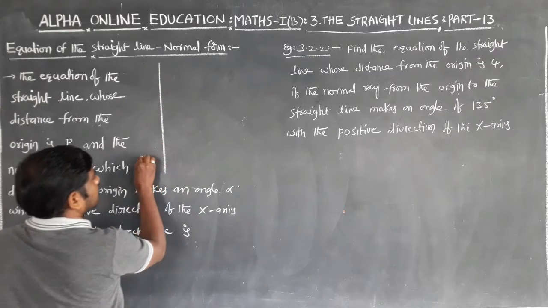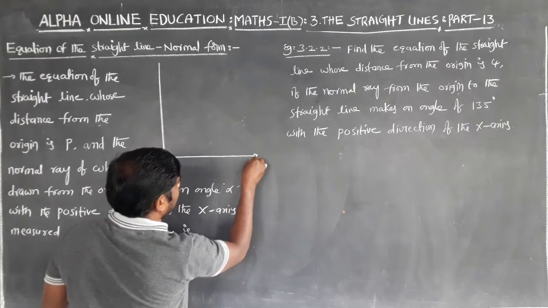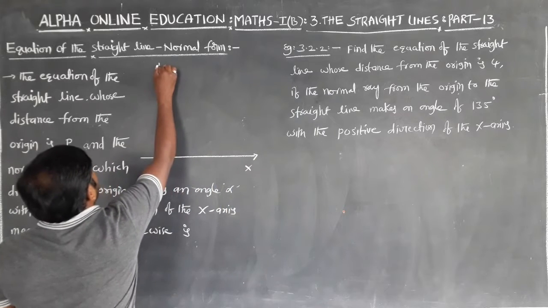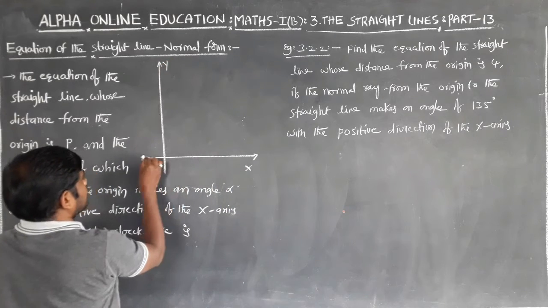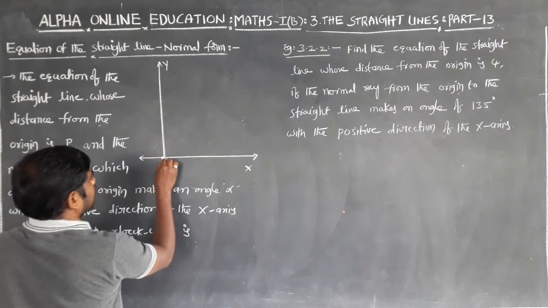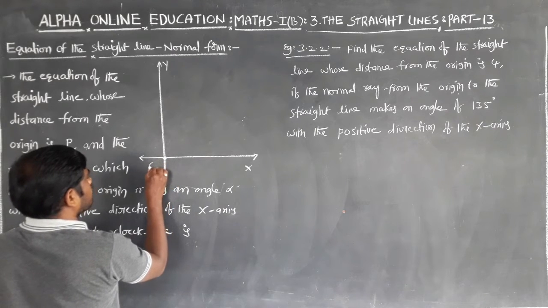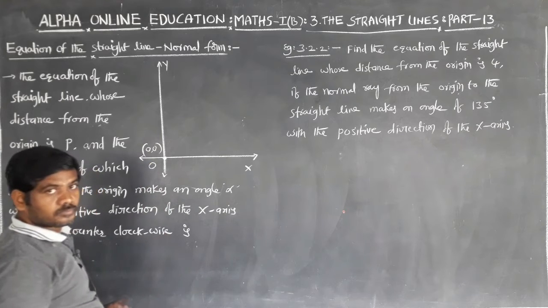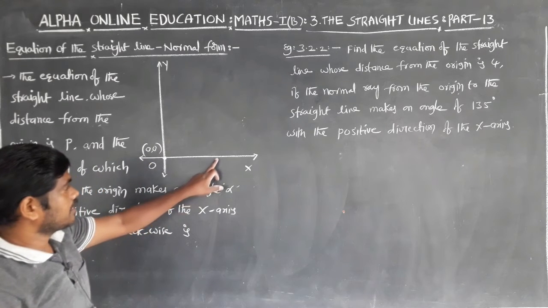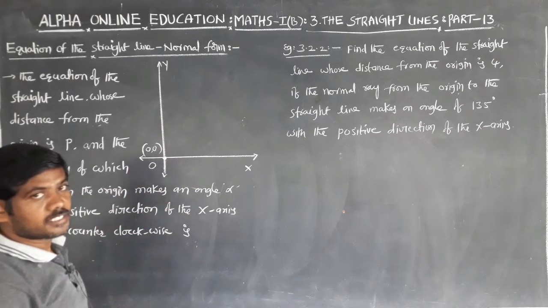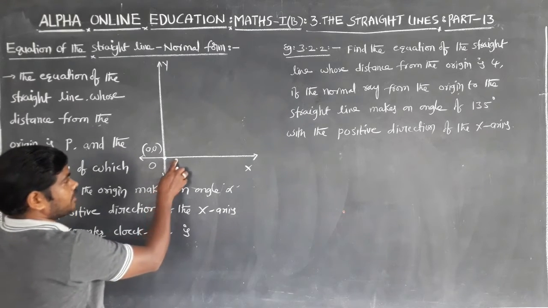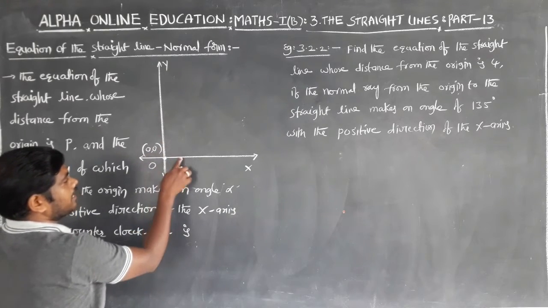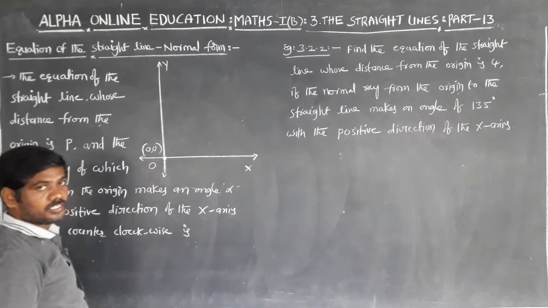This is the x-axis, this is the y-axis, and the point of intersection of the coordinate axes is the origin.